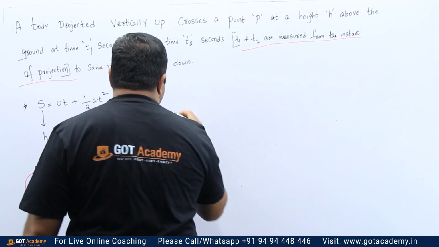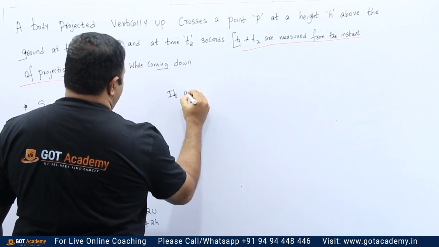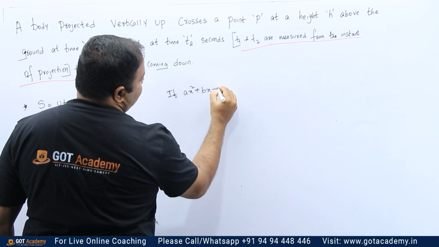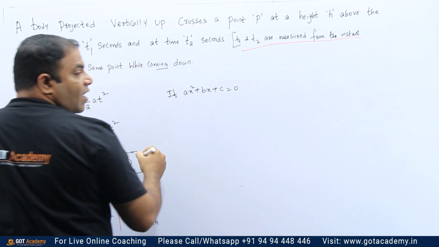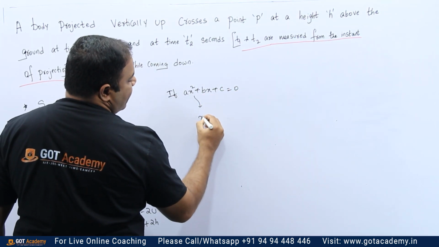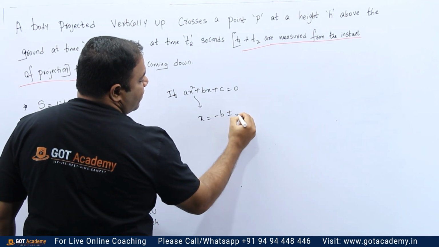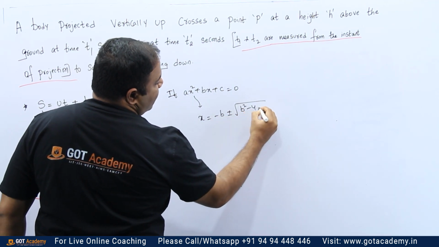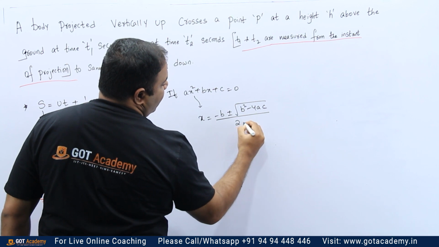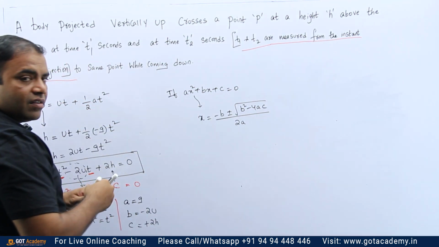So if ax square plus bx plus c equals 0, then how do we find its roots? Nothing but x is equal to minus b plus or minus root of b square minus 4ac by 2a. This is the way we have studied.